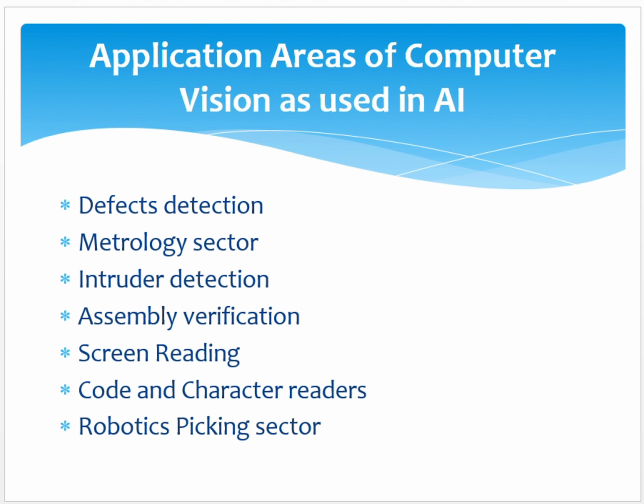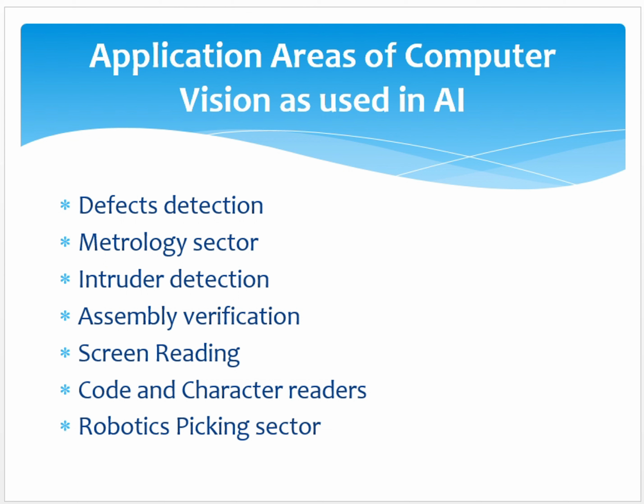It's also used in security for intruder detection. It's also used for checking quality assurance of products like aeroplanes, to get to know if everything is okay. So it's a field in AI called computer vision.